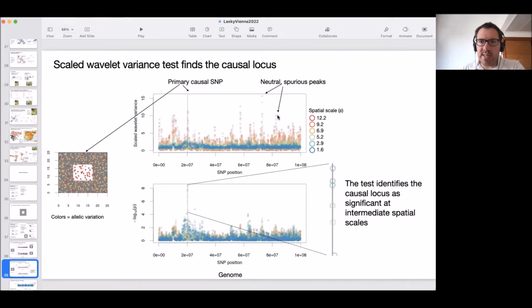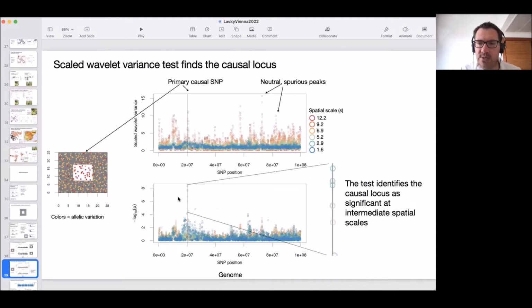The red circles here are larger spatial scales. The blue circles are smaller spatial scales. That wavelet variance can be pretty high at some of the larger spatial scales, but those are neutral peaks. Those are loci that are not causal for the trait under selection. And so those appear to be just loci that show strong differentiation because of limited gene flow across the landscape.